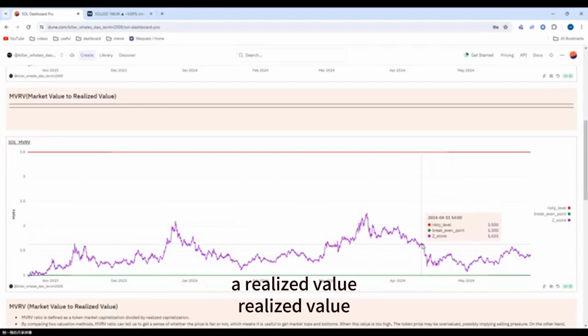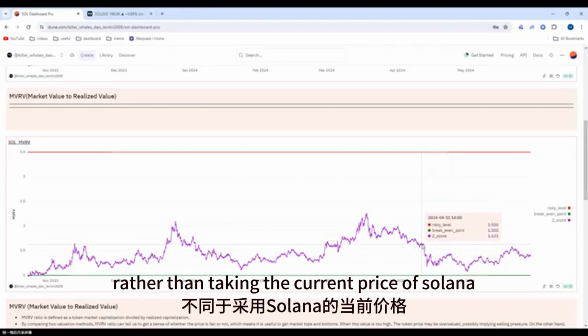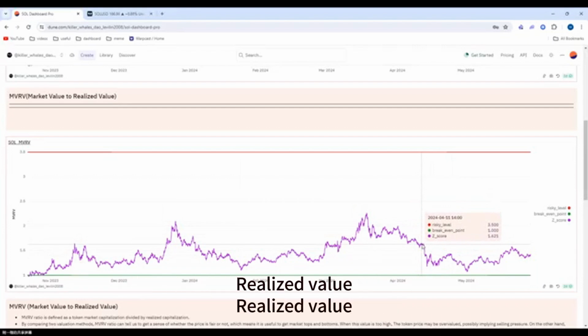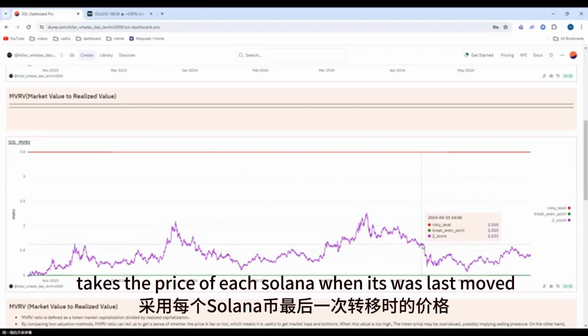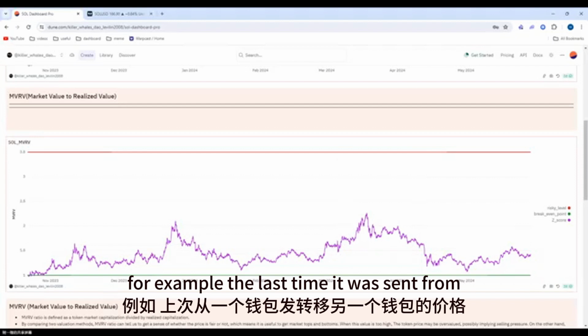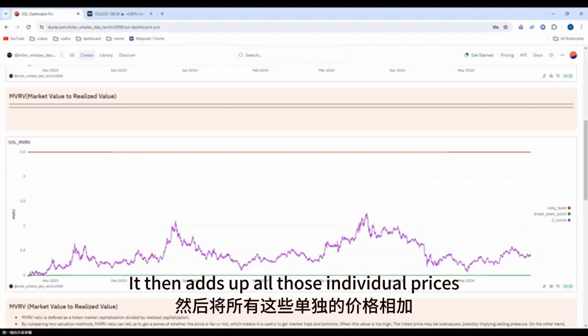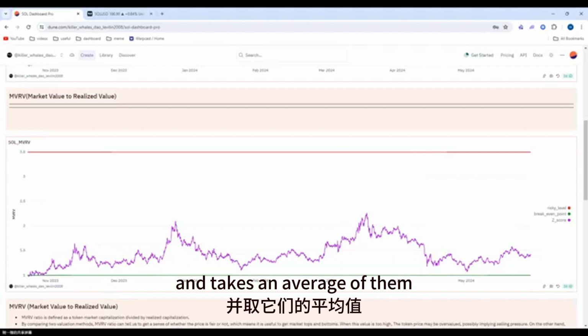As for realized value, rather than taking the current price of Solana, realized value takes the price of each Solana when it was last moved, for example, the last time it was sent from one wallet to another wallet. It then adds up all those individual prices and takes an average of them.